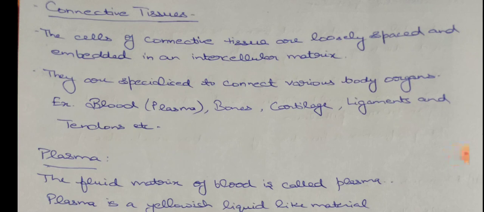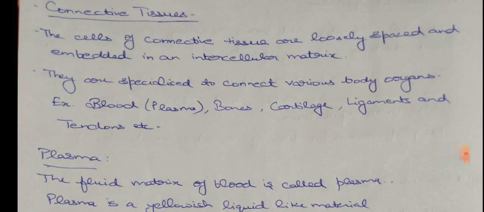Then we discussed various types of epithelial tissues: simple squamous epithelium, stratified squamous epithelium, columnar epithelium and the cuboidal epithelium. In simple squamous epithelium I told you that the cells are simple, flat and extremely thin. They are present in the lining of blood vessels and lung alveoli.